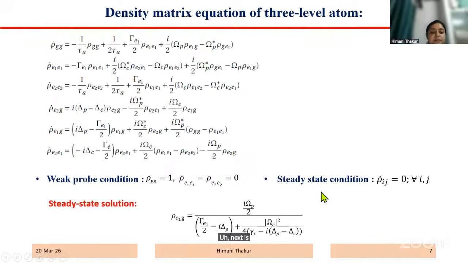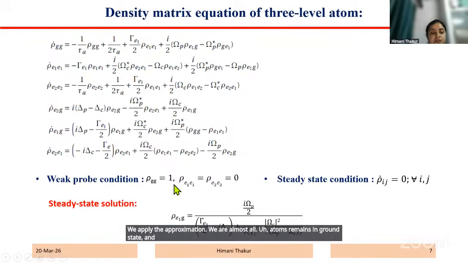Next is the density matrix formalism, and in this equation, we apply the weak probe approximation, where almost all atoms remain in the ground state, which is shown by rho gg equals 1, and all the excited state populations are very small, so we designated rho e1e1 and rho e2e2 as 0.